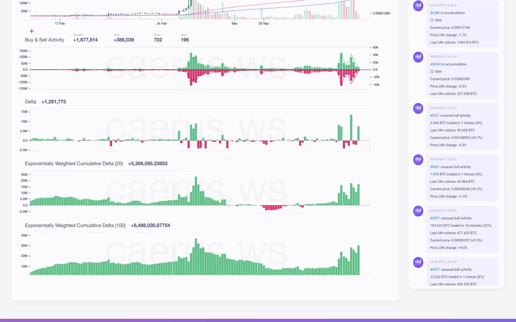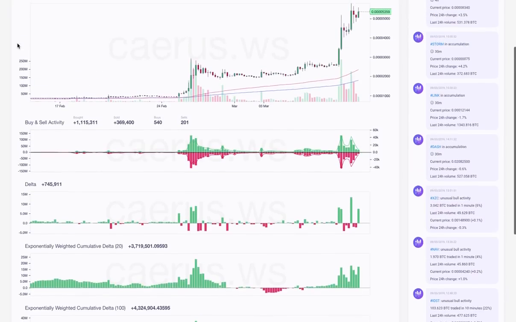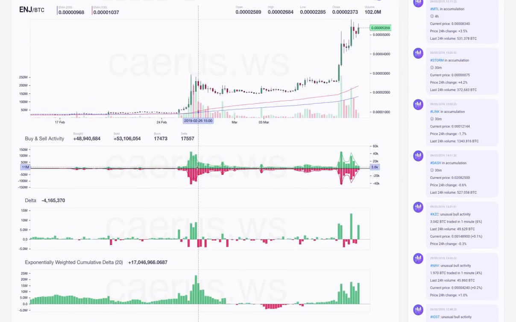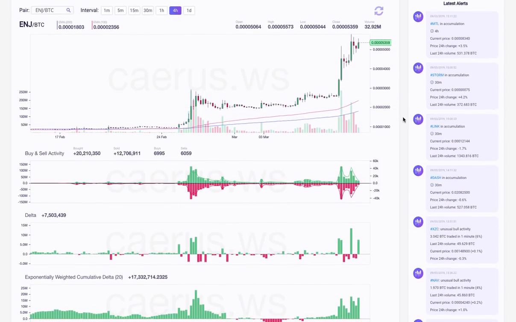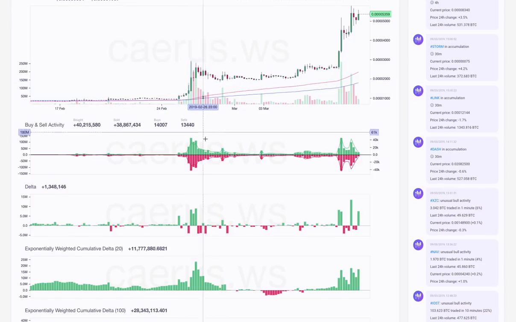The first indicator is buy and sell activity. It shows how much in total has been bought and sold in every time period. Here we are in a 4 hour time frame, which means that every candle is a 4 hour period. So every bar in this diagram shows the information about the 4 hour time period, and we can see how much of the asset was bought and sold in that time period.